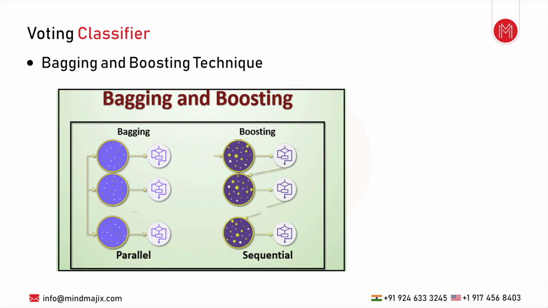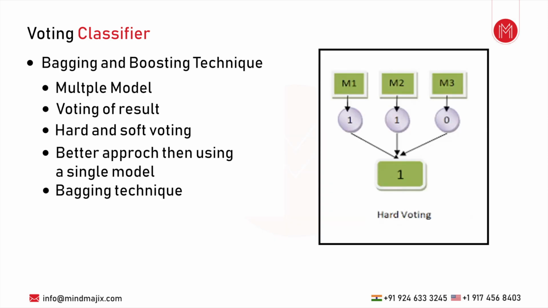We have multiple models working in parallel fashion, and each model gives you its output. We will do proper voting at the end. This voting can be hard or soft. Hard voting means we will choose the majority. Soft voting means that we are going to take the average of the output.